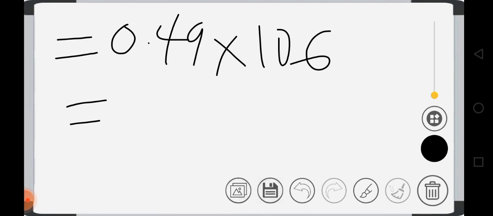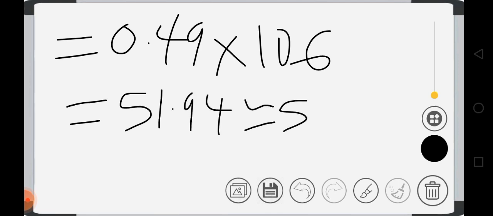You have approximately 52. The approximation is 51.94, so approximately 52. This one will be in grams per dm³.